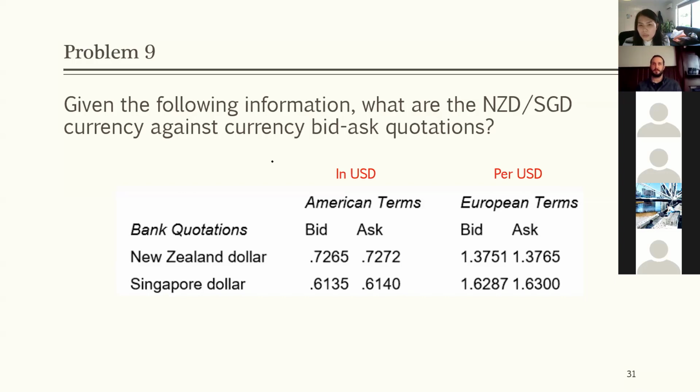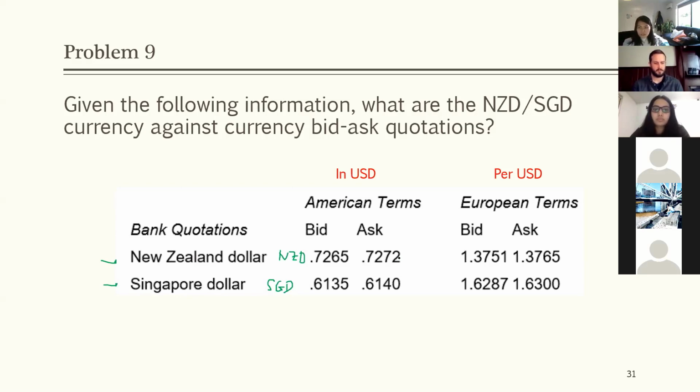Let me talk about question 9. Here in question 9, we are once again asked to compute a cross rate. We're given the American terms and the European terms for exchange rate quotation, and the 2 currencies are the New Zealand dollar and the Singaporean dollar.